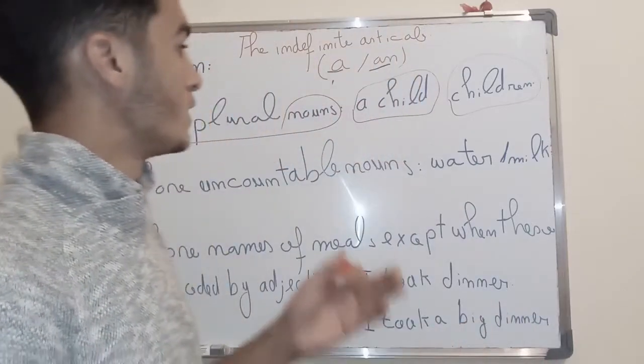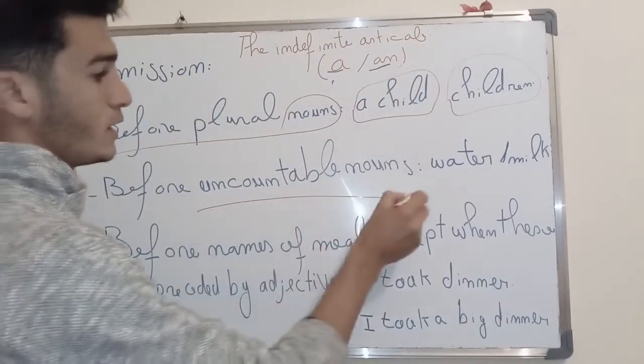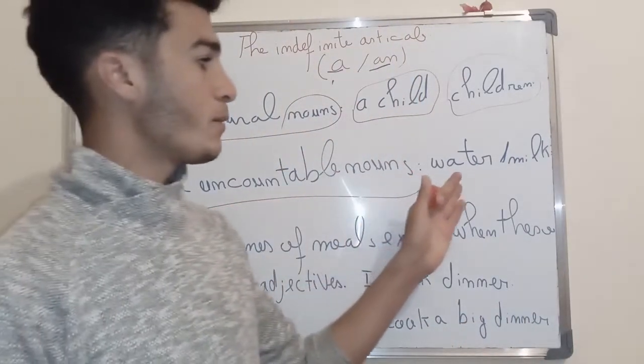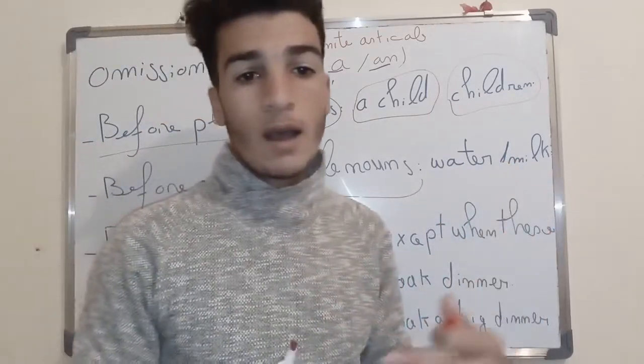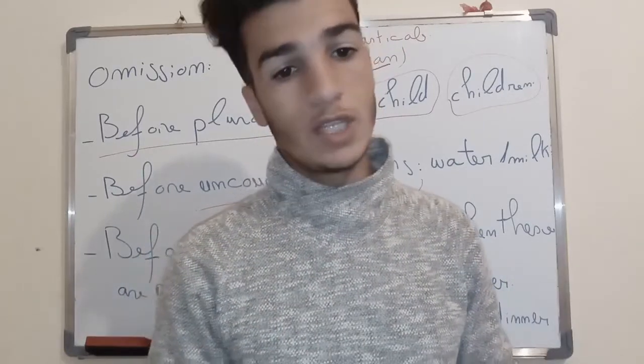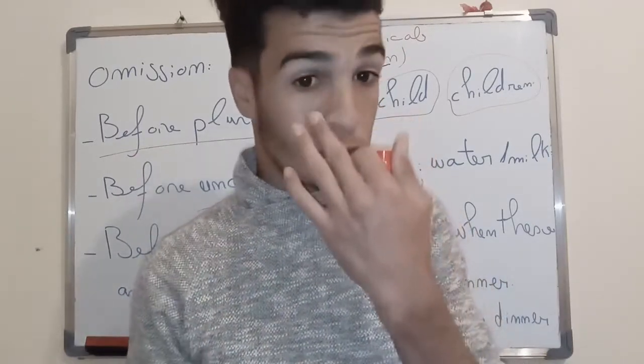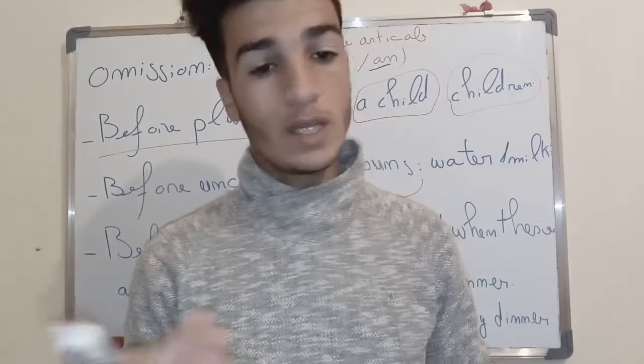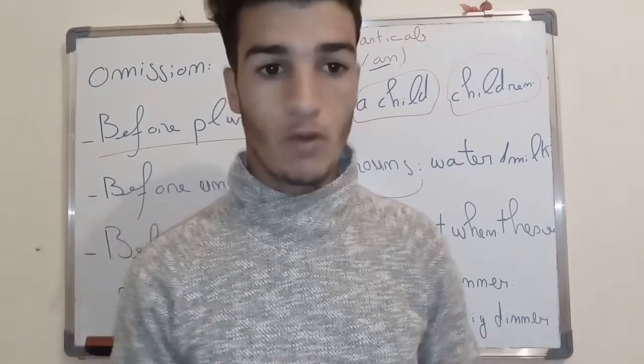Okay? Good. Before uncountable nouns, for example, milk and water, we don't use an indefinite article before a noun which is uncountable. So we can't count it, we don't use the indefinite article before it.